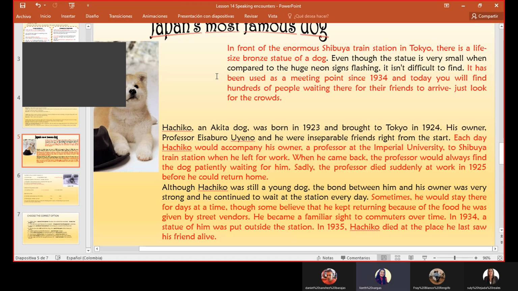It has been used as a meeting point since 1934. And today you will find hundreds of people waiting there for their friends to arrive. Just look for the crowds.